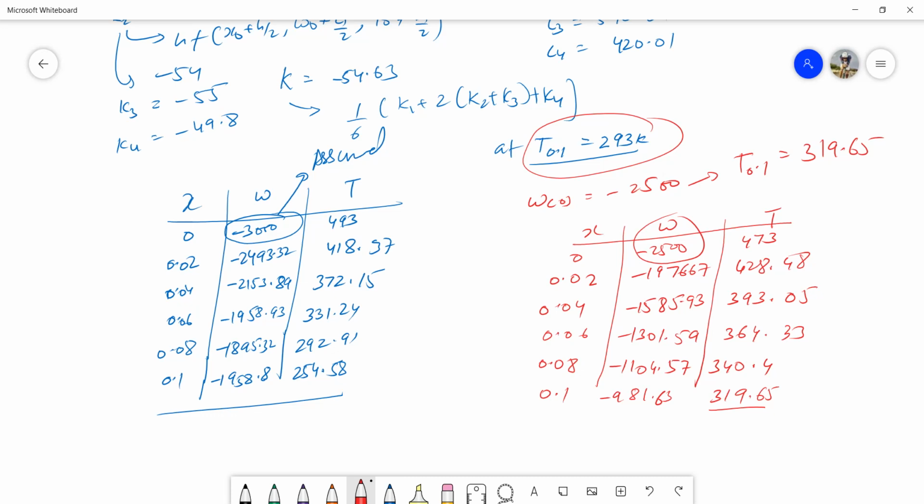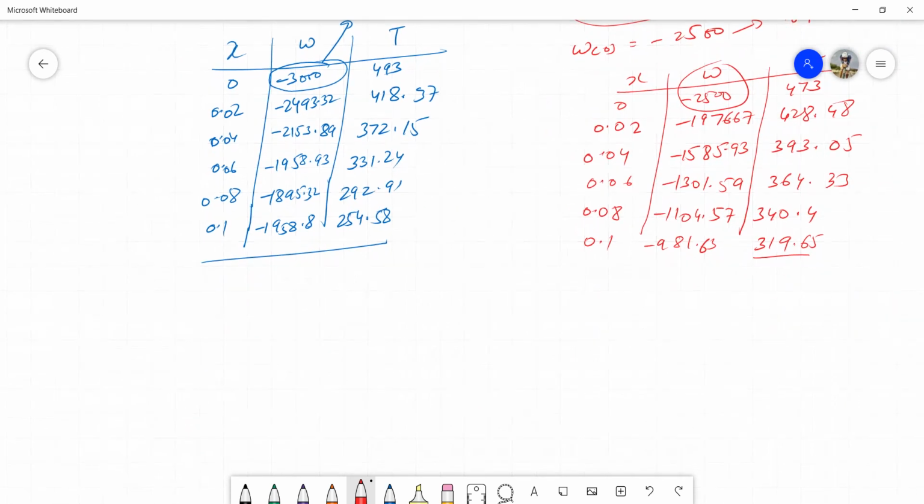So using linear interpolation, we can calculate the actual value of omega. At omega of minus 3000, temperature at 0.1 is 254.58. At minus 2500, this is 319.65, whereas I need 293. So correspondingly I can find out the value of this using linear interpolation.